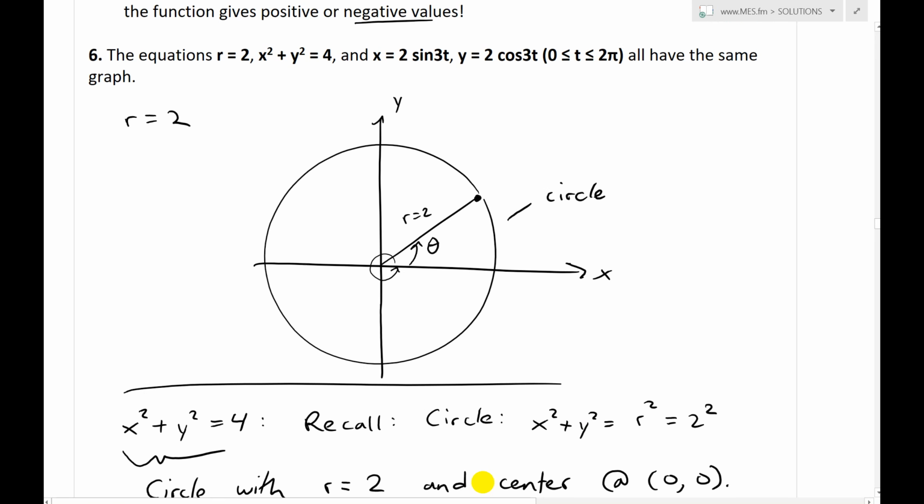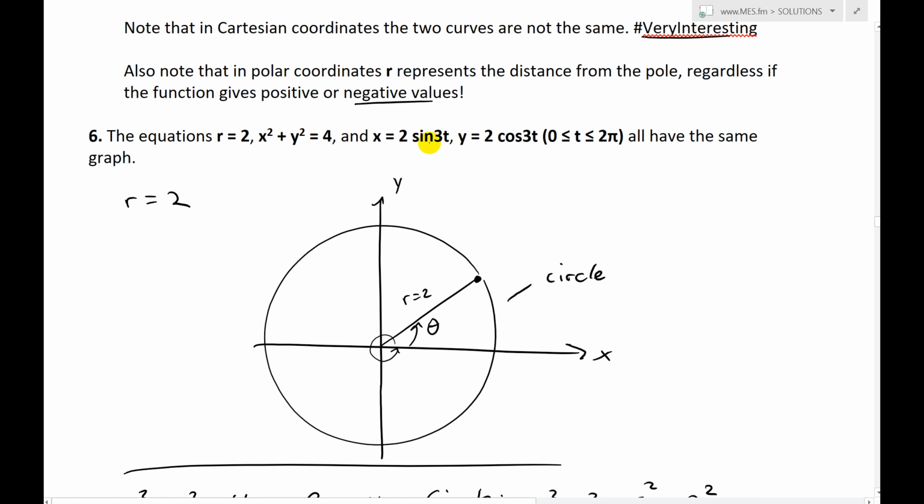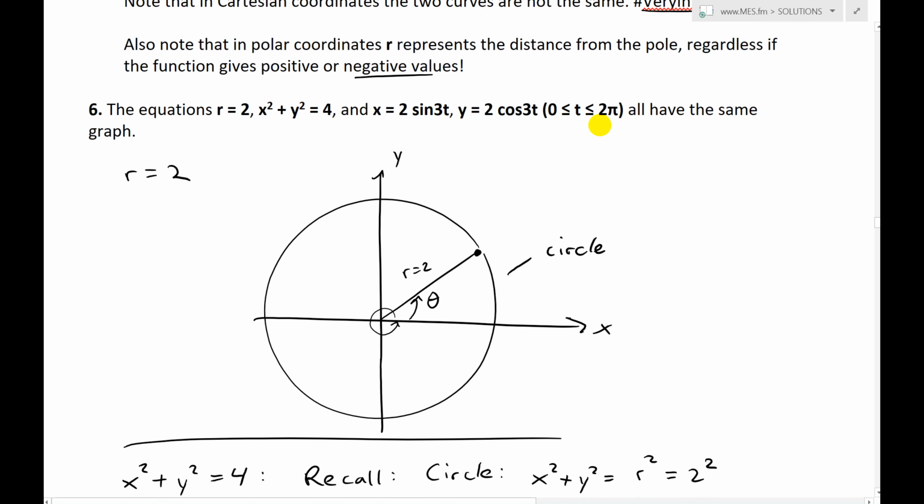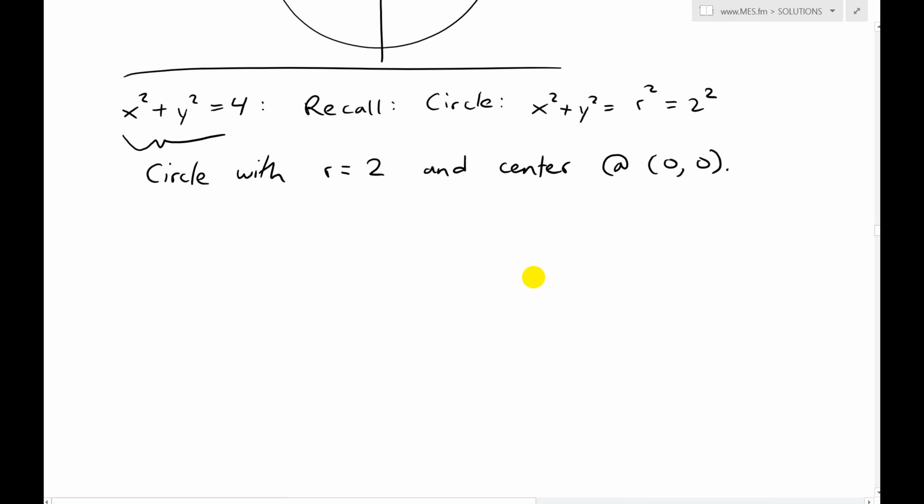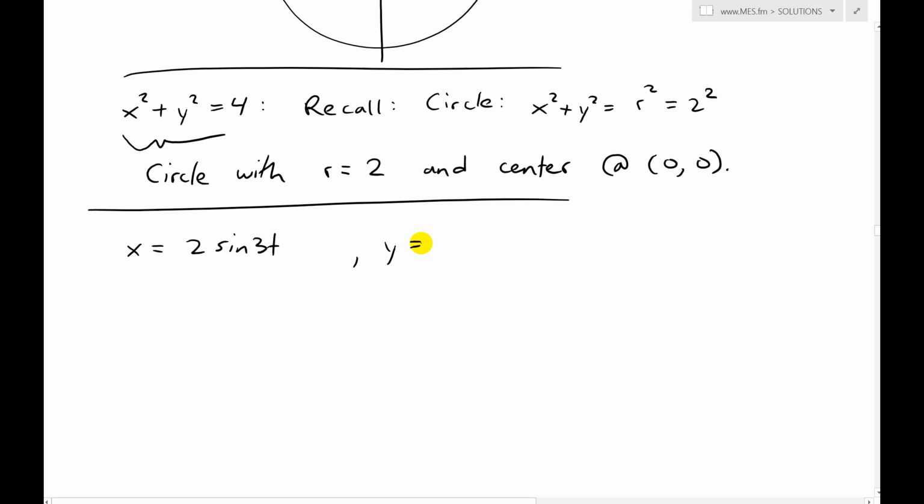And now if we look at the last one right here, x equals 2 sine 3t and y equals 2 cosine 3t, where t is between 0 and 2 pi. Let's look at that. That's in parametric form. So we have x equals 2 sine 3t and y equals 2 cosine 3t.